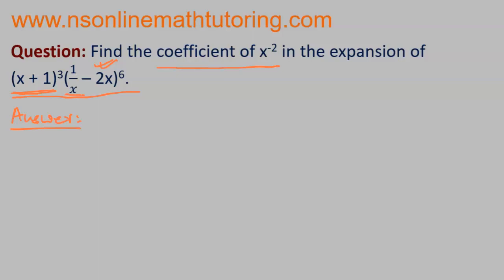Since this binomial expansion contains x in both the terms, let us take up this first. Okay, we may take this, but this is very easy to expand, so I am taking up the second one first. Okay, so 1 over x minus 2x raised to the power of 6.